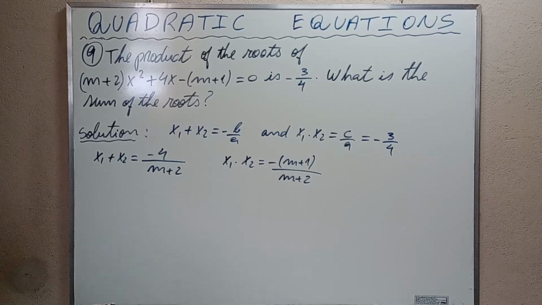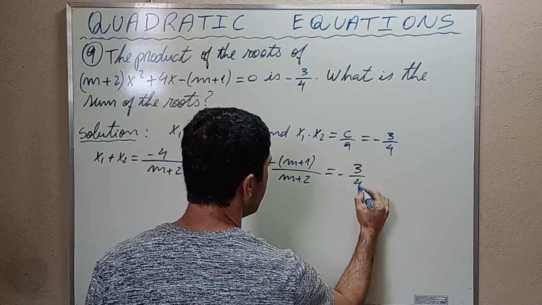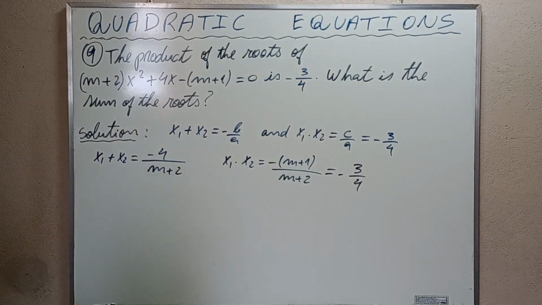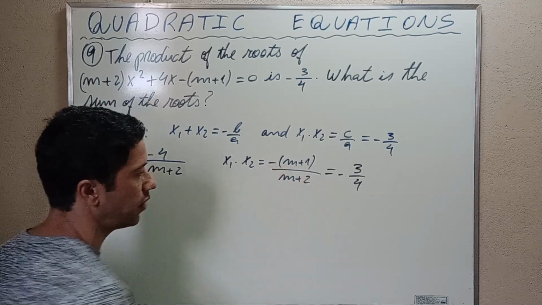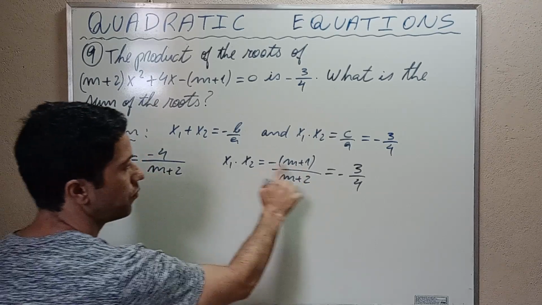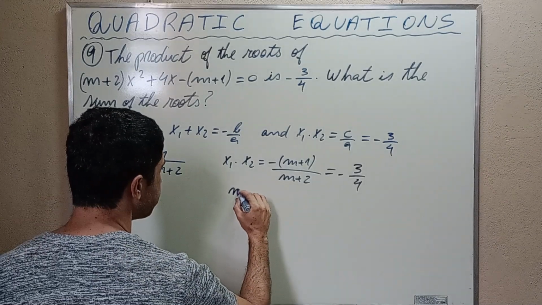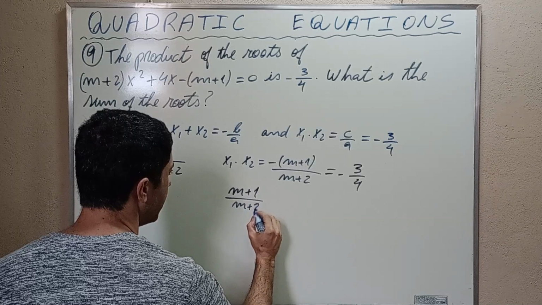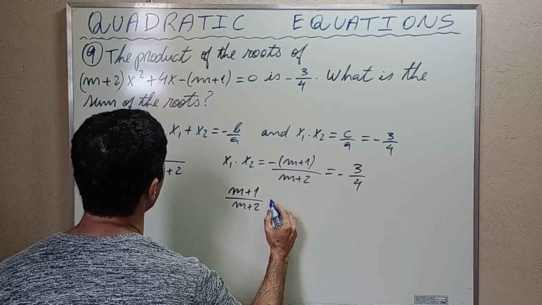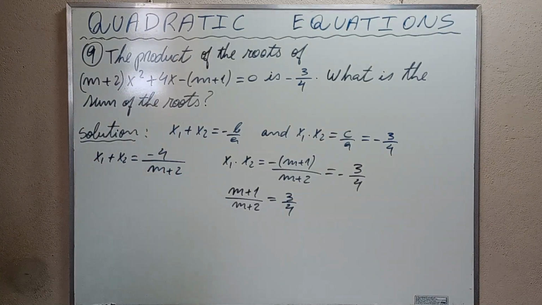This has to be equal to negative 3 over 4. We cancel this sign with this sign. Negative with negative is positive. Then we find that m plus 1 over m plus 2 is equal to 3 over 4. Isn't it? Do you agree with me?